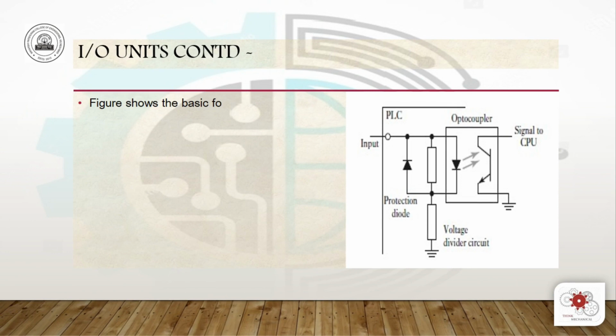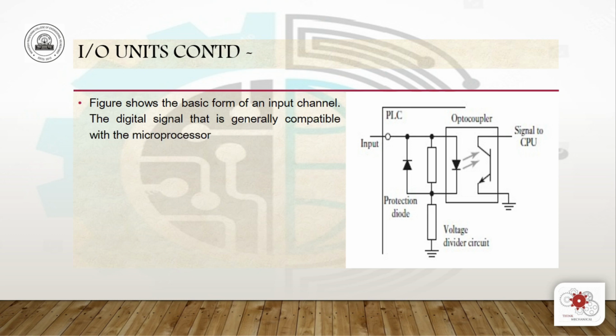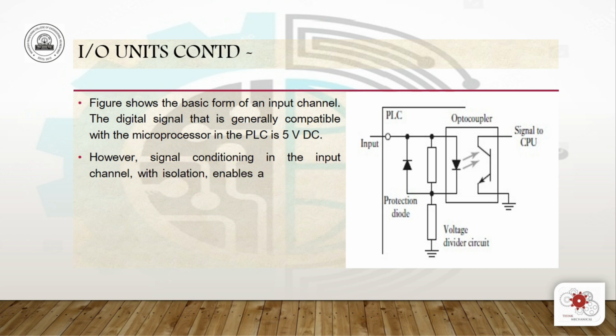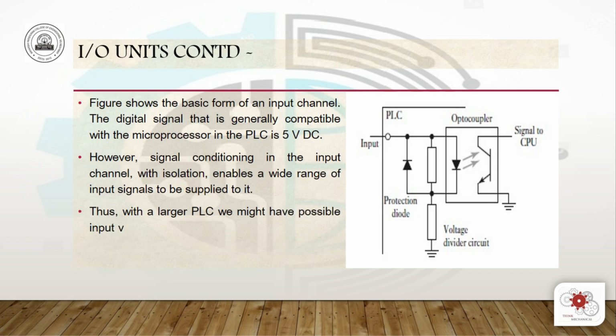Here the figure shows the basic form of input channel, where the digital signal that is generally compatible with the microprocessor in the PLC is 5-volt DC supply. However, the signal conditioning done in the circuit, that is input channel with isolation, enables a wide range of input signals to be supplied. Now why is this to be done?